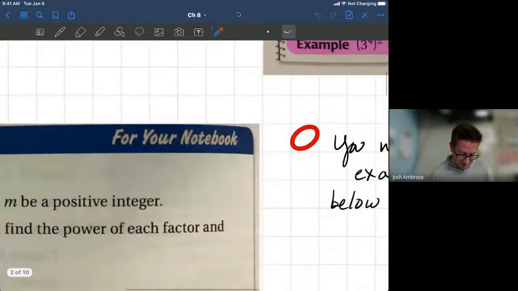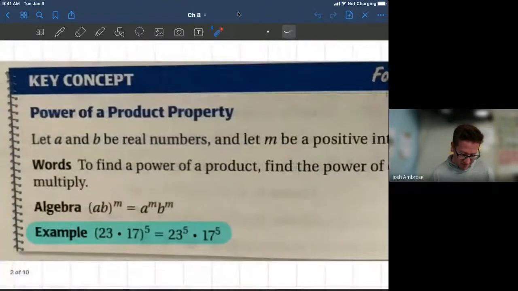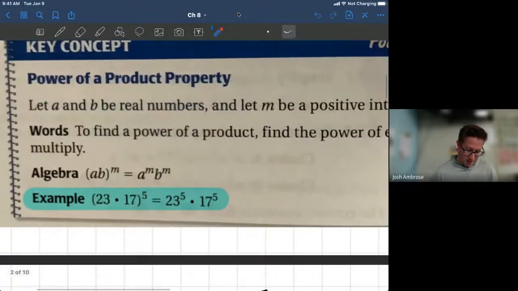Let's take a look at the final example that they give us. You will notice that we have two different bases, both brought to the same exponent. So you can kind of go backwards a little bit. If you have two different bases and one exponent, that means this exponent right here is being distributed to both of these bases.